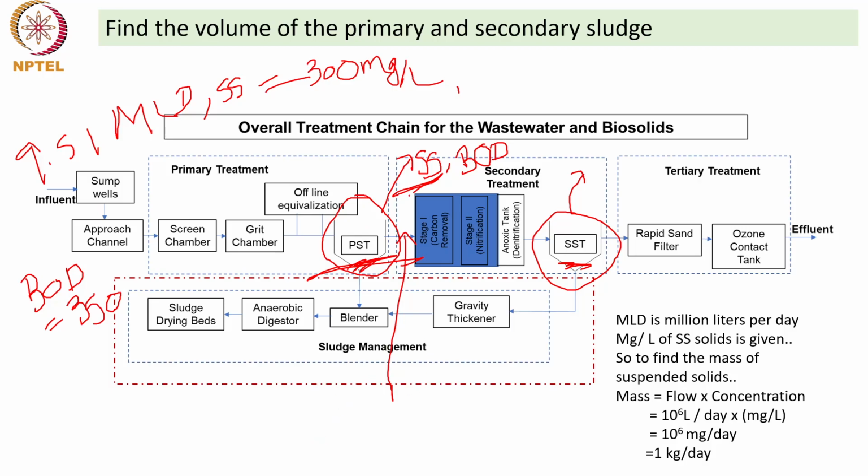So the mass of BOD entering is 350 into 9.51 into 1 minus 0.344. It's coming as 1873.536.